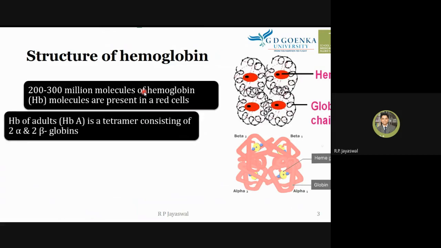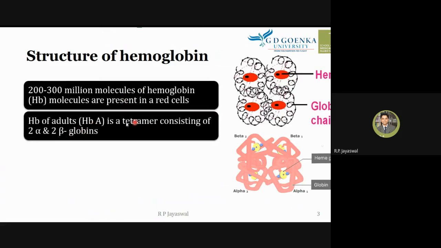The hemoglobin of adults is a tetramer. What is a tetramer? It means there are 4 monomeric proteins, 1, 2, 3, 4, of which 2 are alpha and 2 are beta. Alpha 1 and alpha 2 are the alpha globin chains, and beta 1 and beta 2 are the beta globin chains.